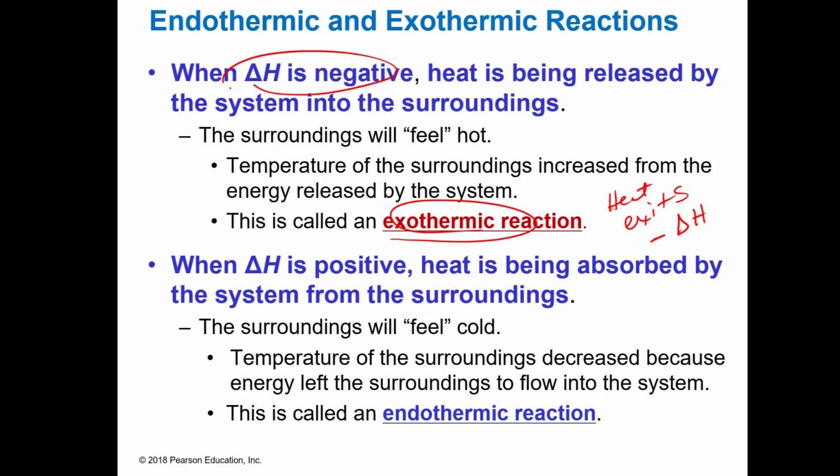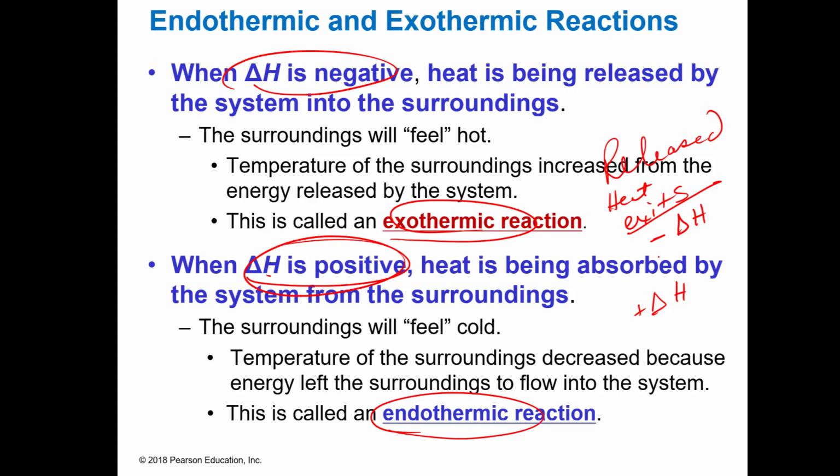When delta H is positive, okay, a positive delta H, that means that heat is being absorbed, and that is an endothermic reaction. So we think of the words that go together in these: released heat, exits the system, negative delta H. Those are all exothermic.